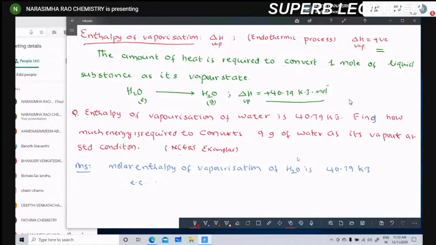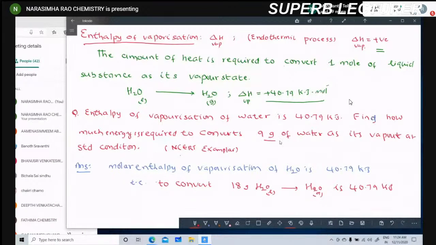That means, children, to convert 18 grams of H2O liquid to H2O gas is 40.79 kilojoule.